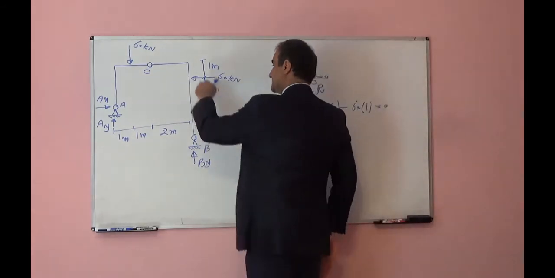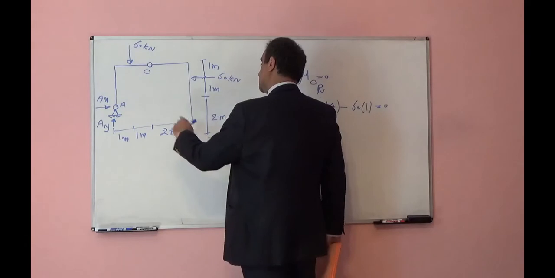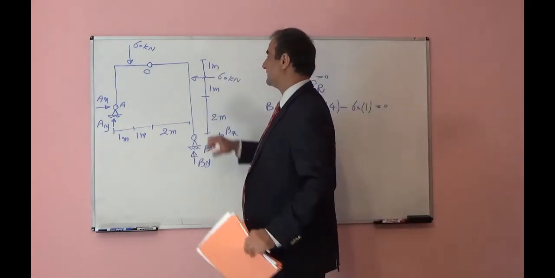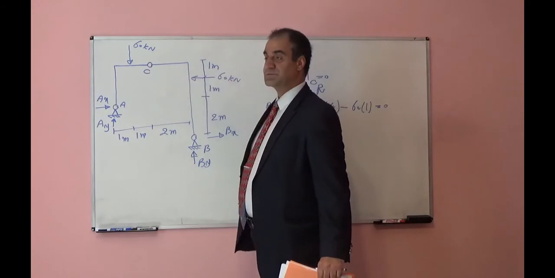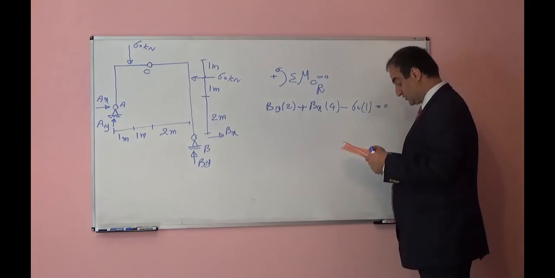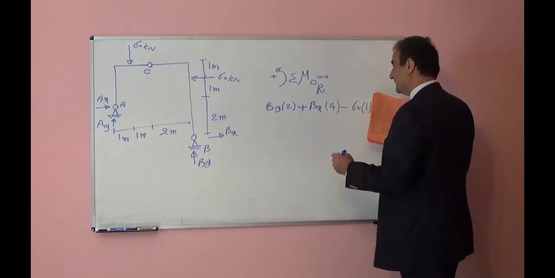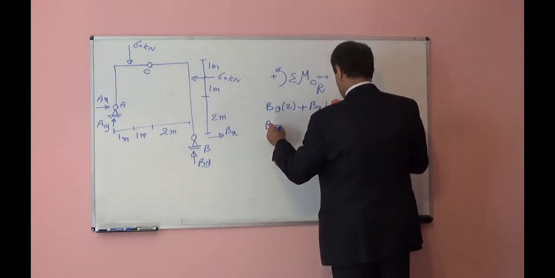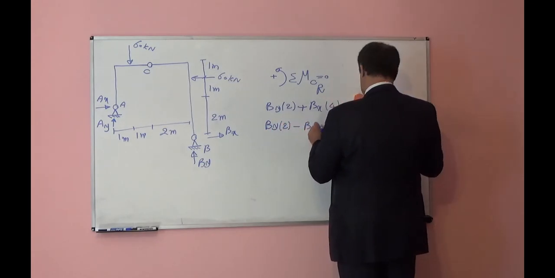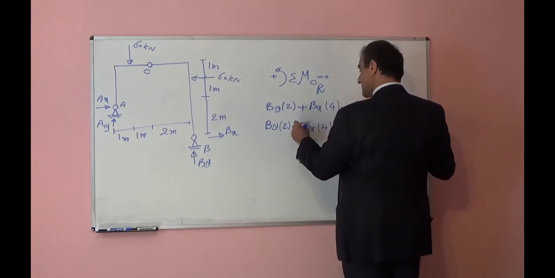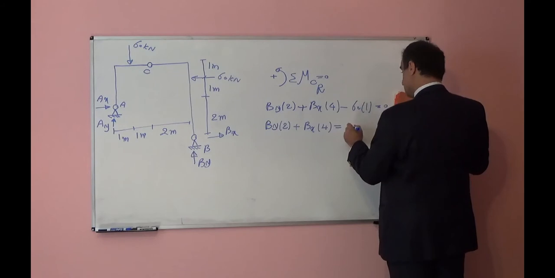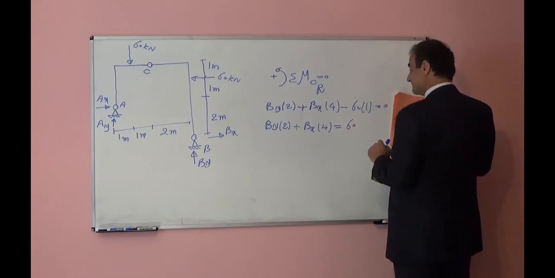Bx times distance 4 rotates counterclockwise, positive. 60 times 1 wants to rotate with respect to C clockwise, negative. From here I can write By times 2 plus Bx times 4 is equal to 60.